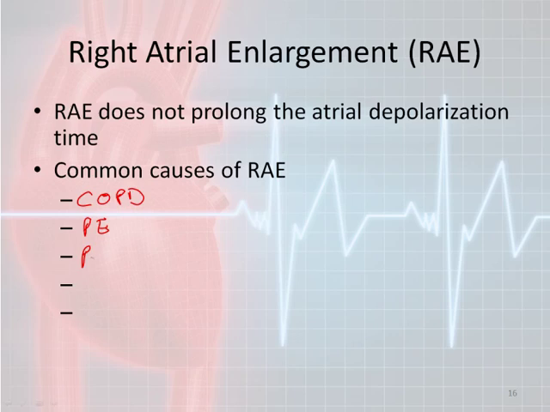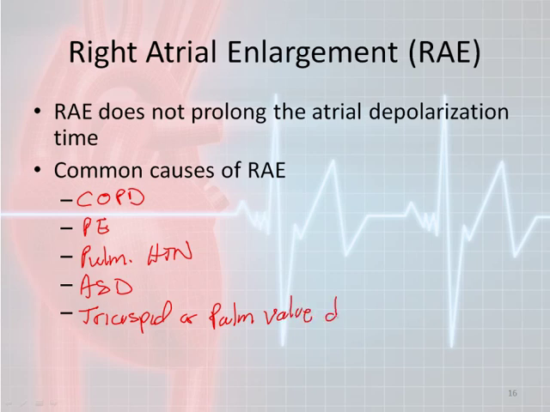Any kind of pulmonary hypertension could cause it. Atrial septal defects could cause something like that, especially in younger people. And some structural issues of the heart would be tricuspid or pulmonary valvular disease. Any of these can cause a right atrial enlargement.